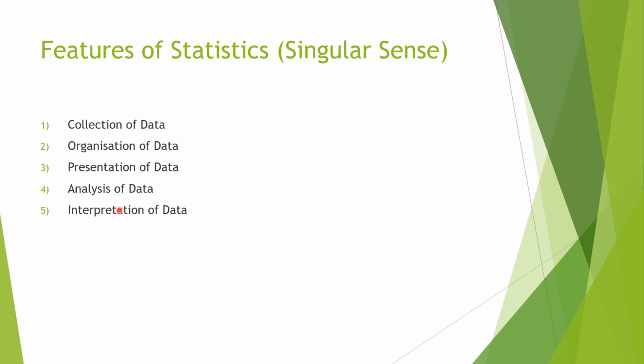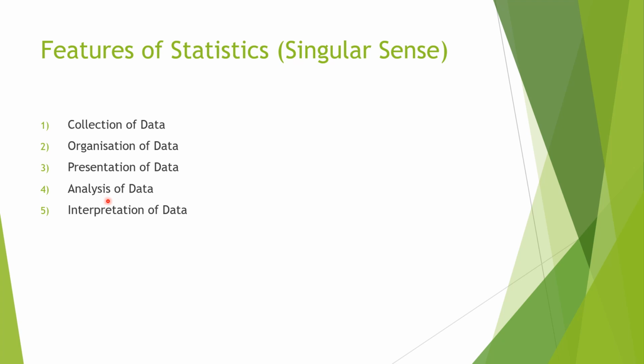After presenting the data in tables, diagrams, and charts, we can use different statistical methods like mean, median, mode, skewness, kurtosis, correlation, whether the data are correlated or not, whether any relationship exists between the variables or not, or we can use regression analysis.